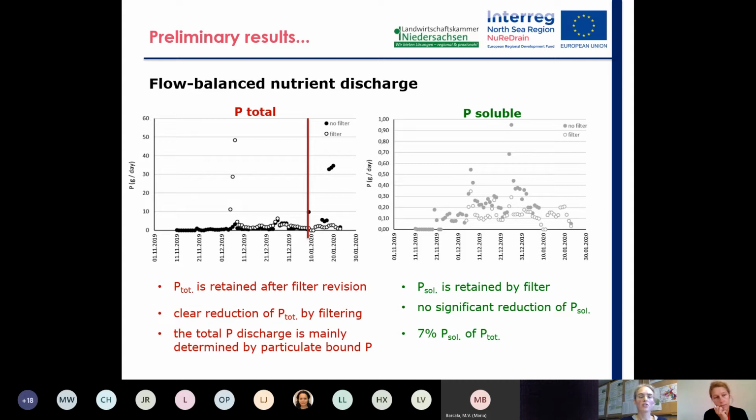After revision of the sampling mode and the filter setup, P total is retained, and we see a clear reduction of P total by the filter. If we look at the discharge of P soluble, we can see P soluble is retained, but it's not a significant reduction. The percentage of P soluble compared to P total is only 7%. That means the total P discharge is mainly determined by particulate P in our filter site.